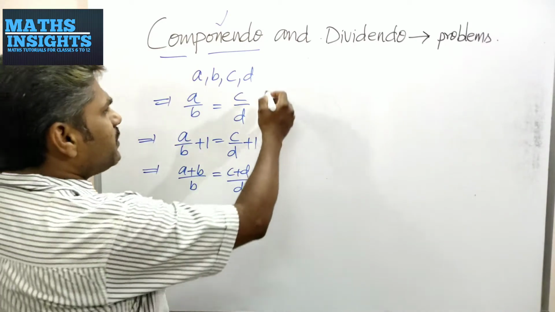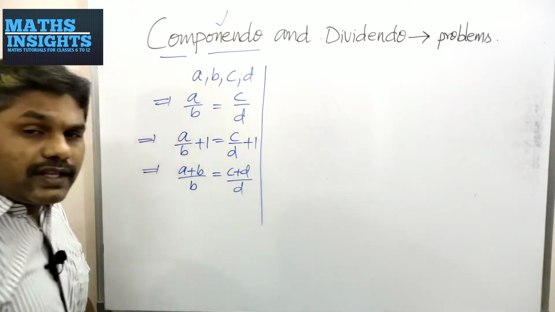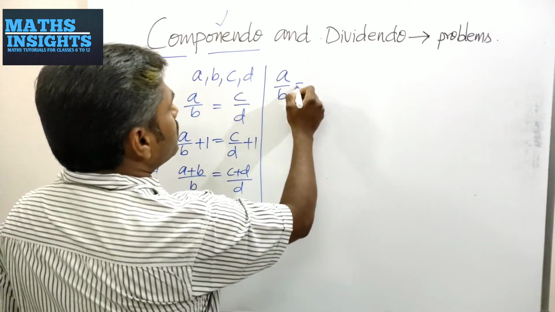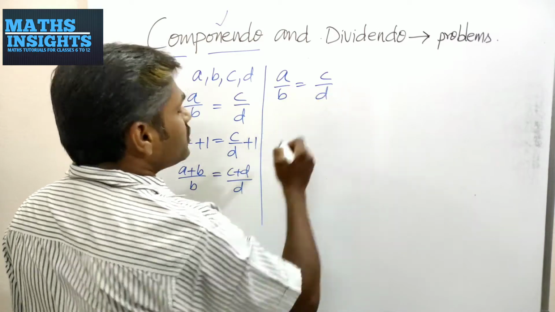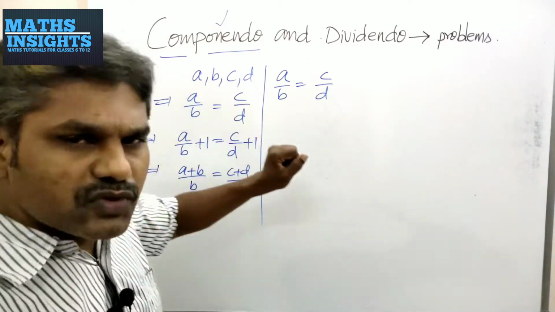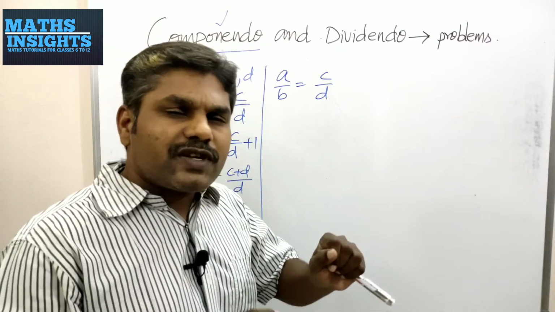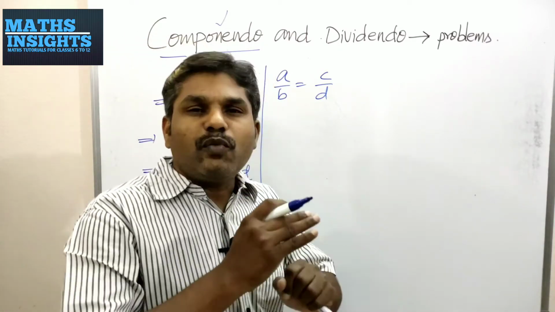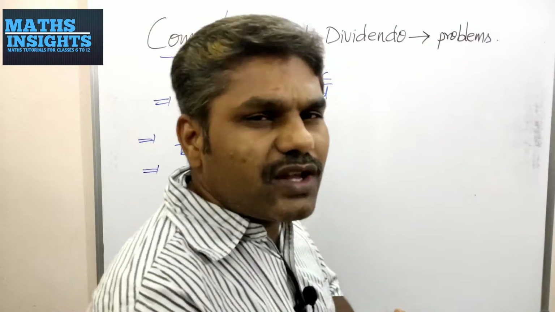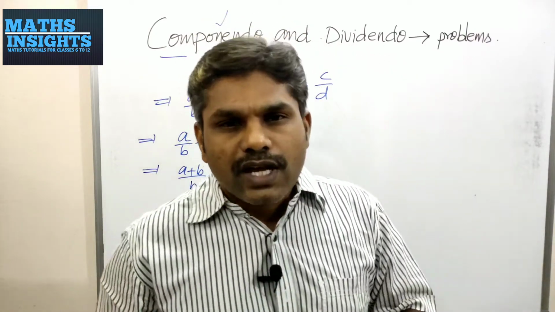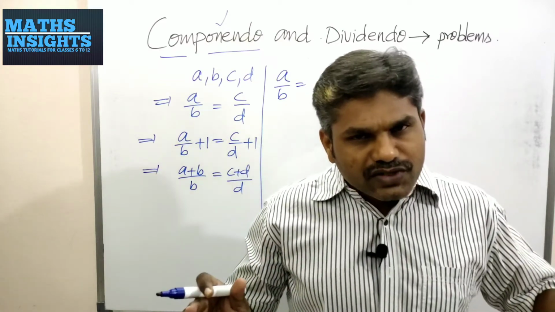In the same manner, starting again with proportion, which is the equality of two ratios, this time I am subtracting 1 on both sides. Here also the equality will not change, because on both sides I am doing the same operation.